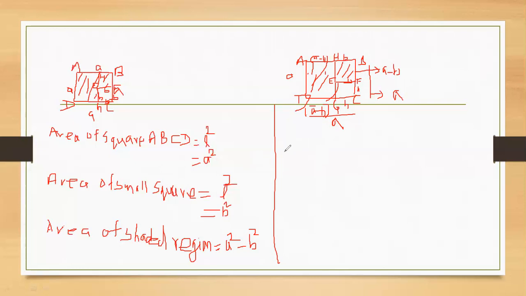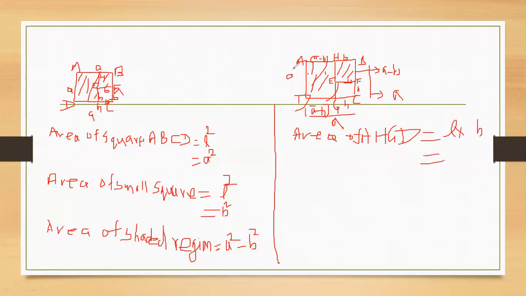Now when you find the area of this shaded region another way, these are two shaded parts, and this rectangle is also a rectangle. First of all, find the area of rectangle AGHD. Here it is length into breadth, and we know the length.